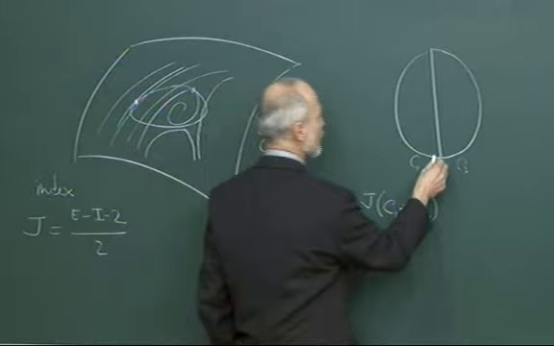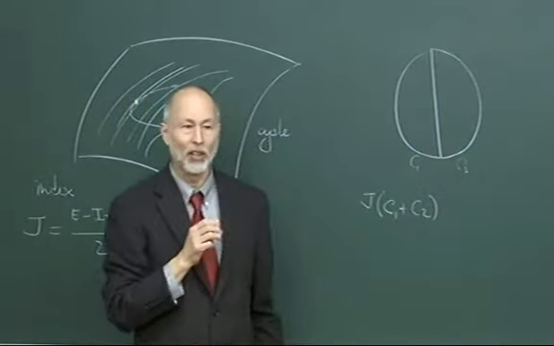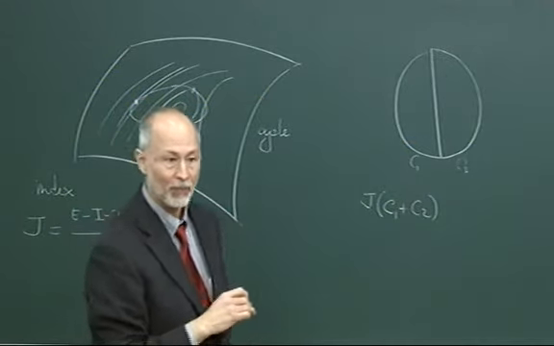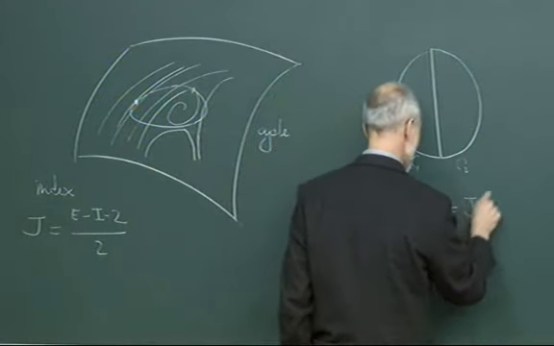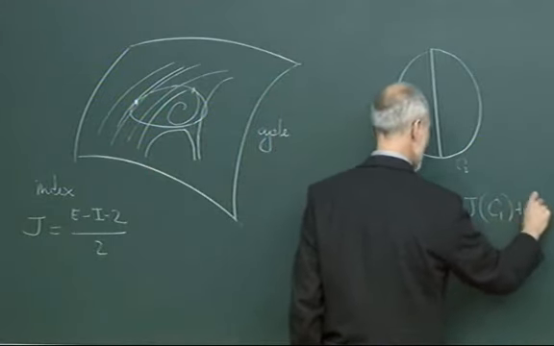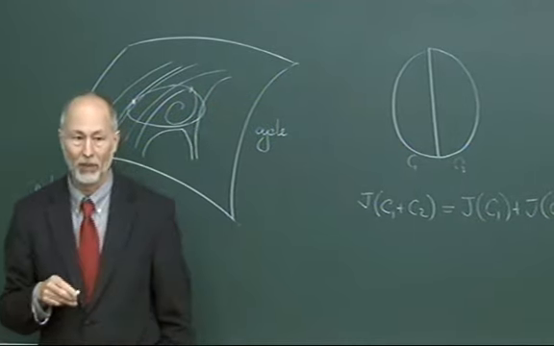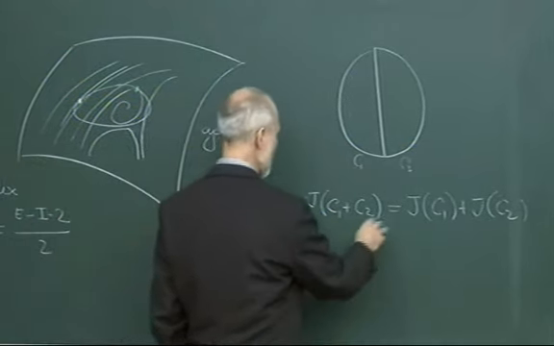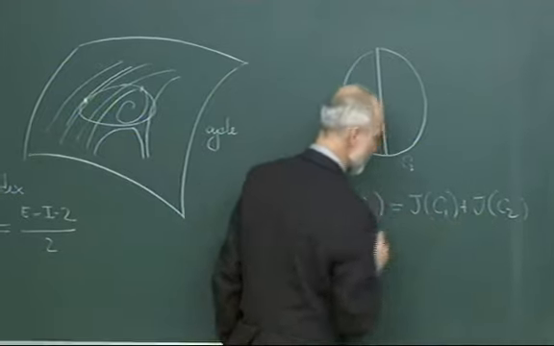And I want to think of the sum of these 2 cycles as the cycle which is obtained by ignoring the line of intersection. And so Poincaré proves that his index satisfies this property, that the index for the sum of the cycles is the sum of the indices.